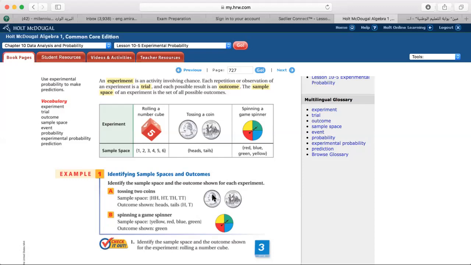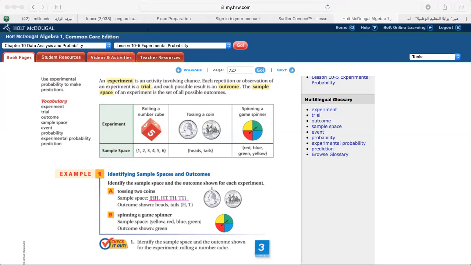The first can be tail and the second head. The first can be tail and the second also tail. How do I write it? I can write it like this: H, H, comma, H, T, comma, T, H, comma, T, T, all of them between brackets.